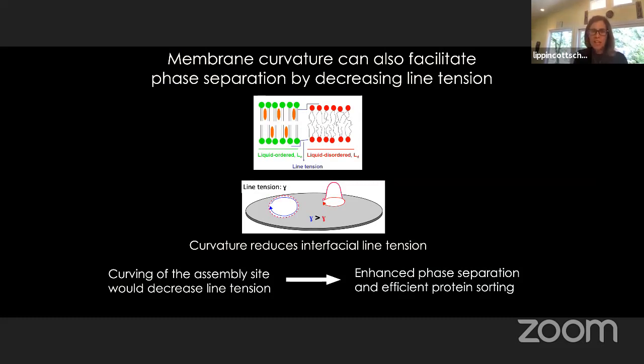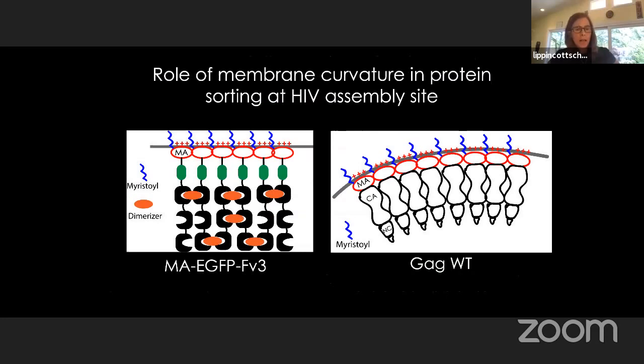Well, what we've done is generated a GAG-like molecule that has the MA domain for partitioning, for transbilayer coupling, but it lacks the rest of the GAG moiety that imparts curvature to the oligomerized structure.